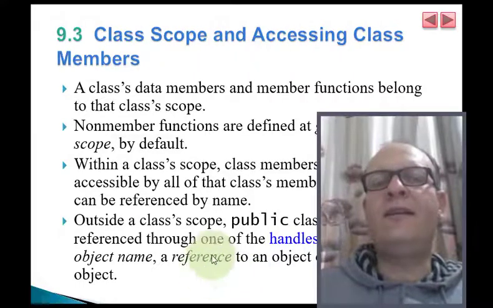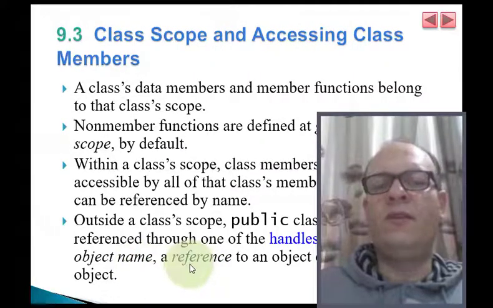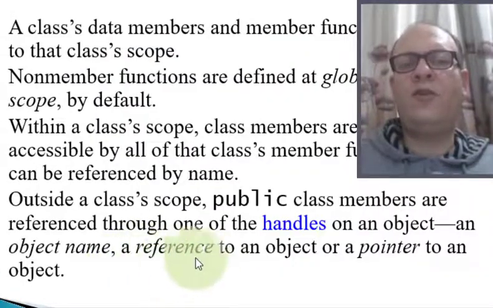How can we access the data members and the member functions؟ هل نقدر نستعمل ال data members و member functions directly؟ لا. We must use the object name or the reference or the pointer to the object.